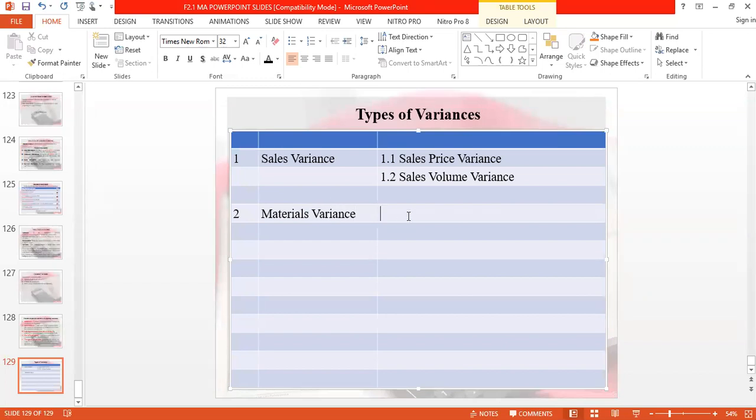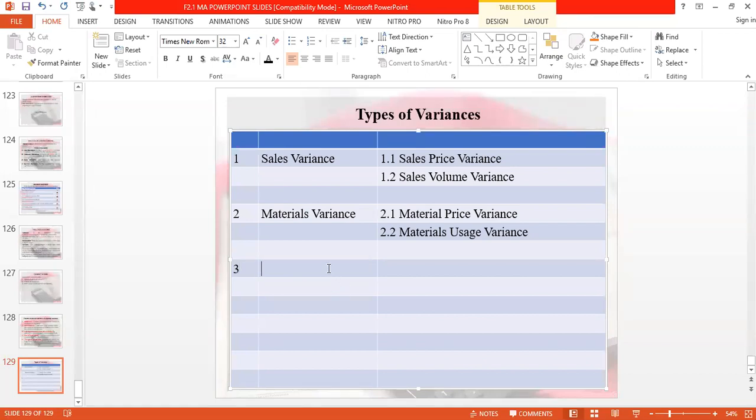It can either be 2.1, material price variance, or 2.2, material usage variance. So it can either be material price or usage.